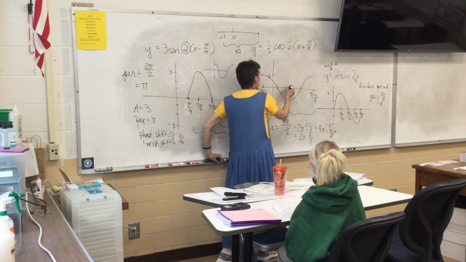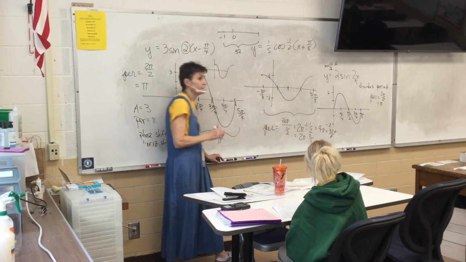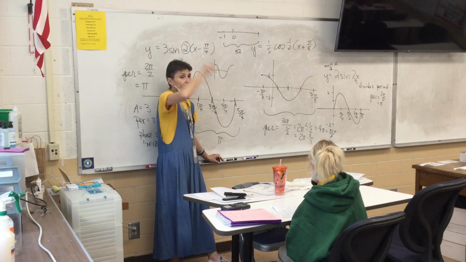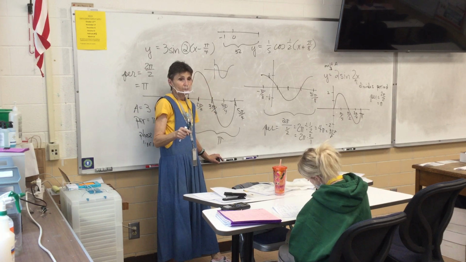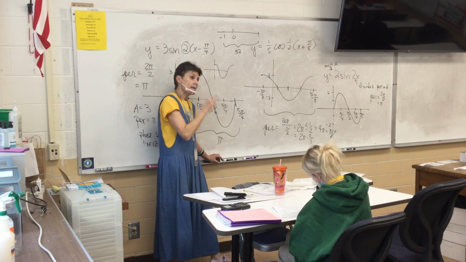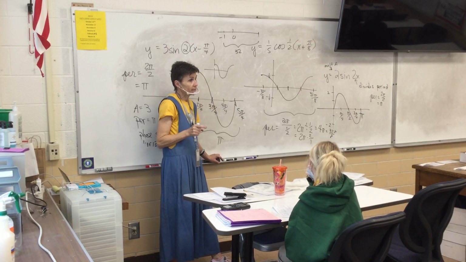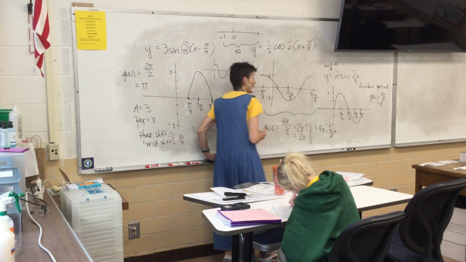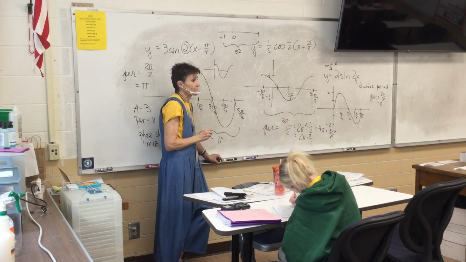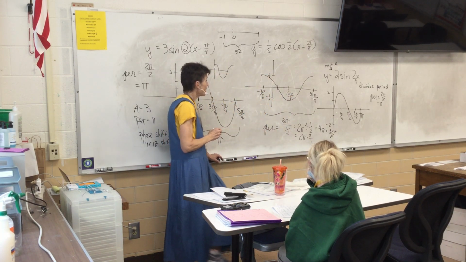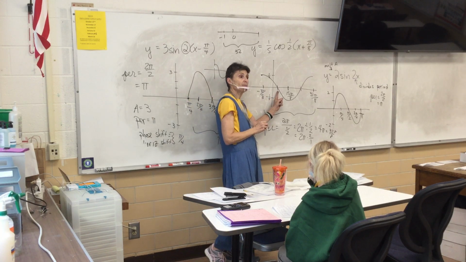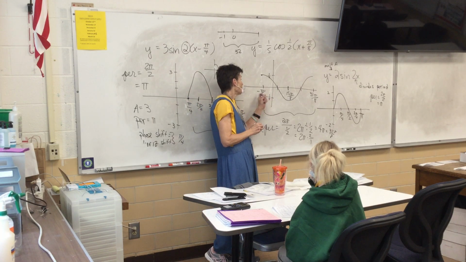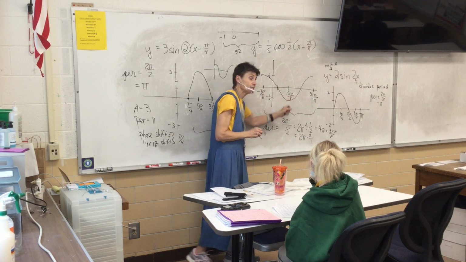This is halfway in between -1 and 31. So average them. -1 plus 31 is 30, divided by 2 is 15. So this is 15/8 pi. This is in the middle, midpoint, of -1 and 15.